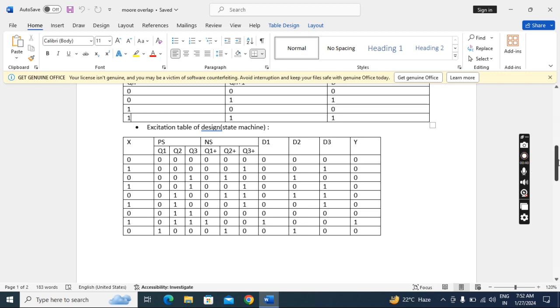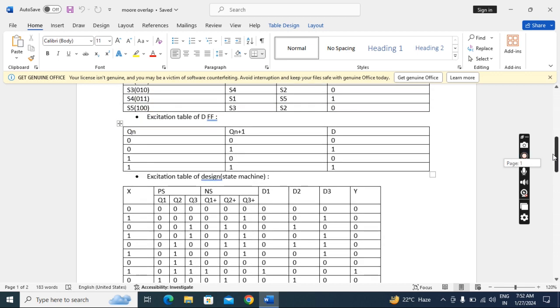We are using D flip-flops, so we need to take the D flip-flop excitation table. Whatever flip-flop you are using, you have to take that flip-flop's excitation table. This is the excitation table of the flip-flop, and this is the excitation table of the state machine. We know the format of the excitation table: we take the present state and next state, n and n plus 1.